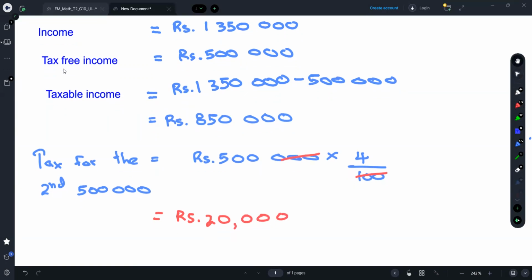Okay, complete this. Then you should find the tax for the next 500,000. But one thing, now out of this 850,000, 500,000 is removed. You should remove this 500,000.